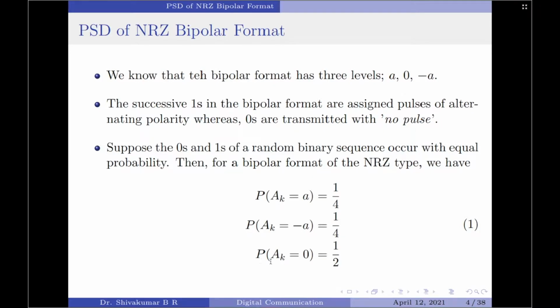And lastly, probability of AK equals 0 is 1 by 2. Now when you add all of them together, we obtain a total probability of 1. So here we note that the probability of occurrence of symbol 0 is 1 by 2 and the probability of occurrence of symbol 1, combining both positive as well as negative pulses, is also 1 by 2.